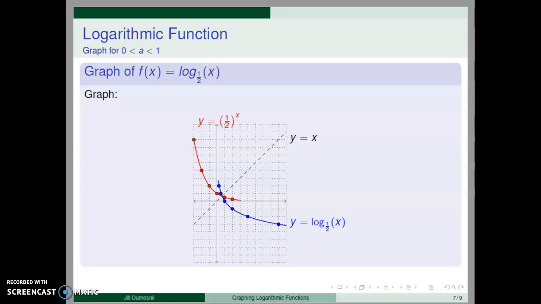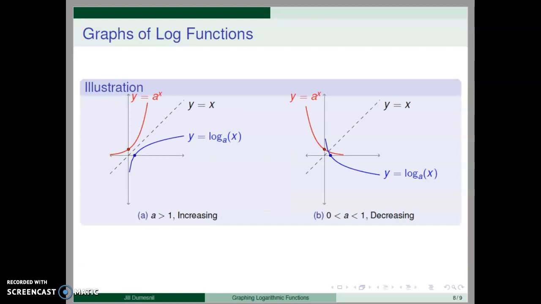In general, we have two basic cases for the graphs of logarithmic functions. The function f of x equal log base a of x with base a greater than 1 has the same basic shape as y equal log base 2 of x, increasing and slightly flatter or steeper depending on the value of a.